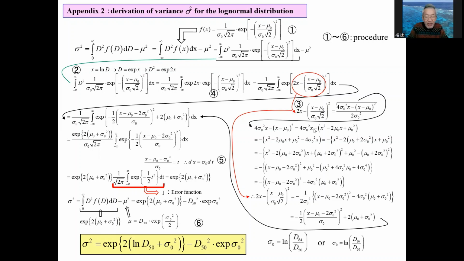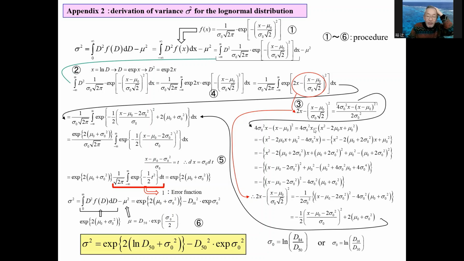If the particle size distribution follows the log normal distribution, fd dd is replaced by fx dx. The integration range also changes. Substituting fx to the log normal and expanding the equation finally lead to the formula of the variance, which is shown in the yellow frame.